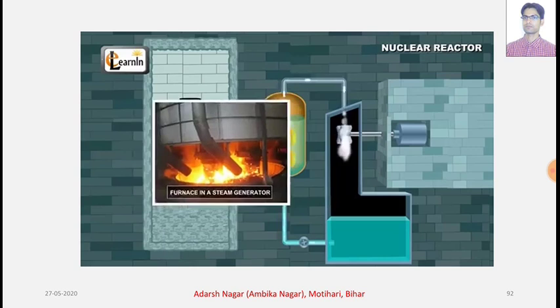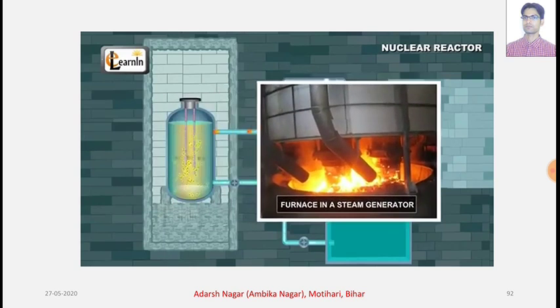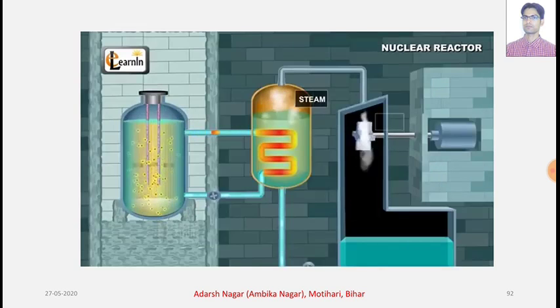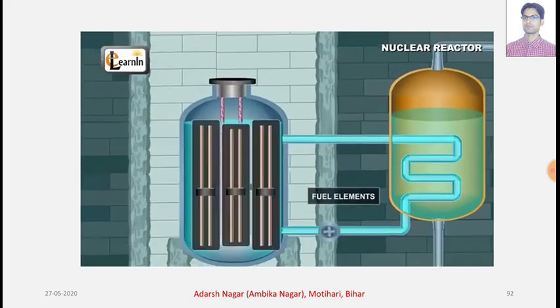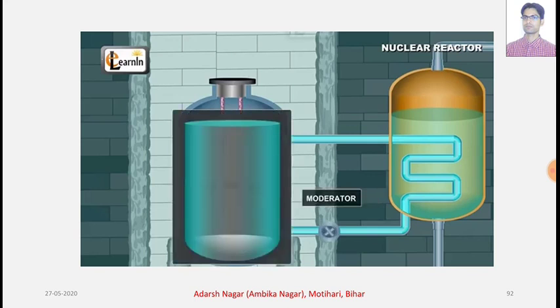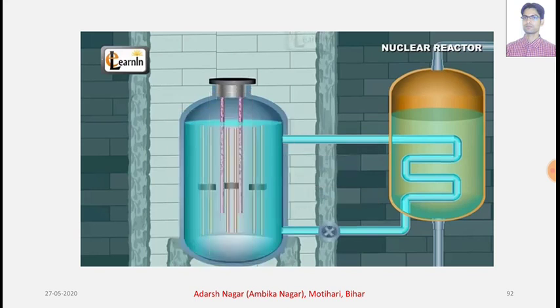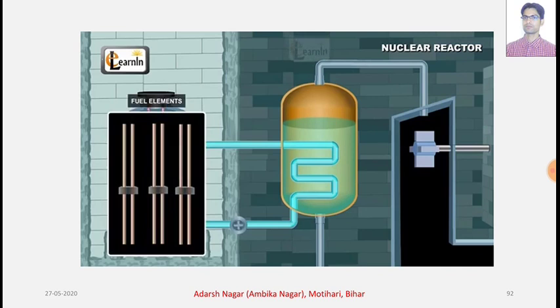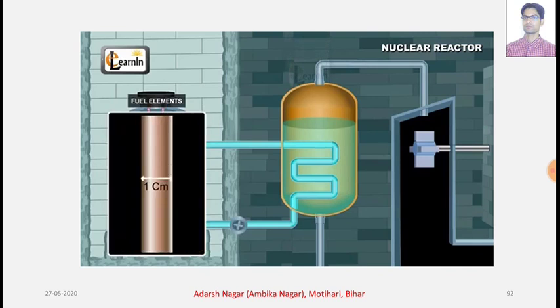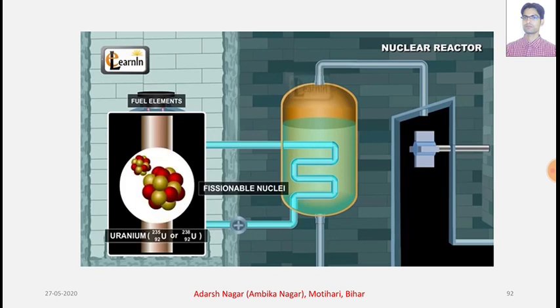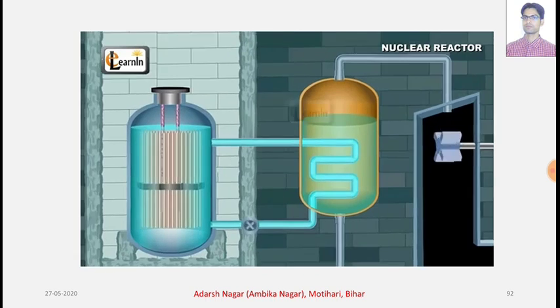Here this is the steam generator, this is the furnace. Now you can see these are the rods, this is a chamber, fuel elements. Here you can see this 1 centimeter in diameter fissile nucleus, meaning uranium.